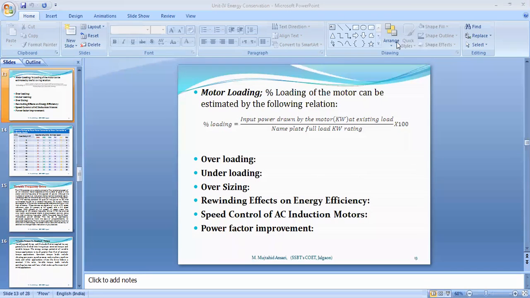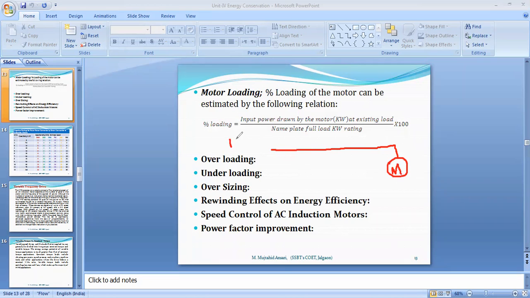Okay, so I will try to show the same thing with the help of a diagram. For example, there is a motor and it is connected with the source supply. This is the motor, it is the load. Now, what power is going to be supplied?